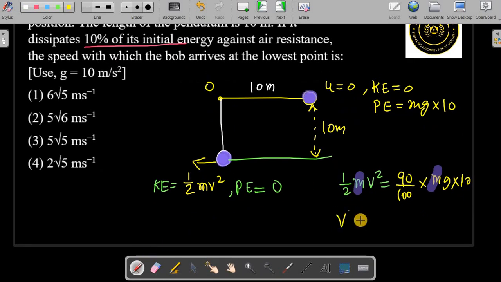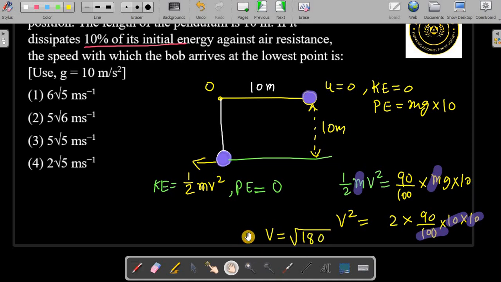They are asking speed, right? So v square, from here 2 into 90 by 100 into g, you could take 10. This is also 10. So from here the 100 factor will get cancelled, right? So we will get v as root under 180.